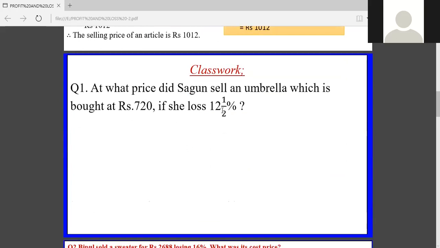And similarly, this also I had told you. In place of this 12 whole number 1 by 2, you can write 12.5%. And which formula will be used here? To solve this question, which formula should be used? This is revision, okay? Here we have to use which formula?